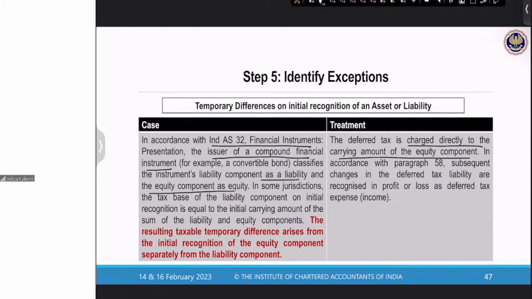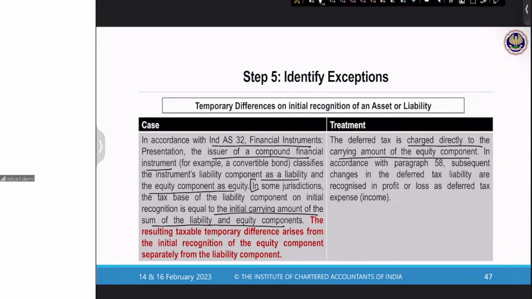We have done that. 45,563, when I recognized, I have passed the entry as equity account debit to deferred tax liability. 45,563. In some jurisdictions, the tax base of the liability component on initial recognition is equal to the initial carrying amount of the sum of the liability and equity component.